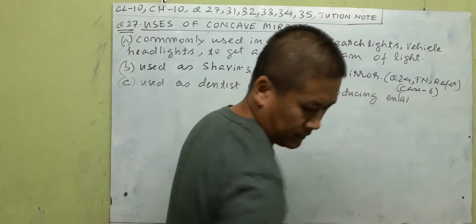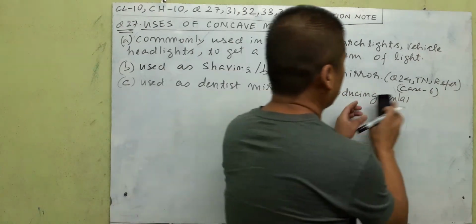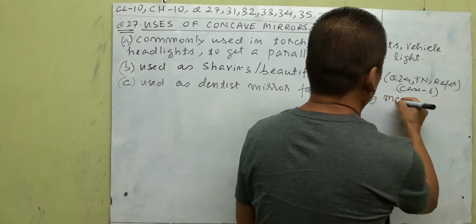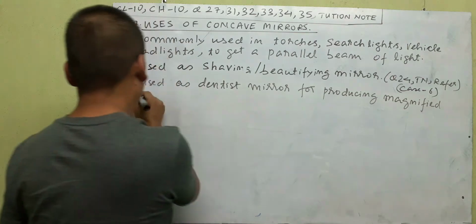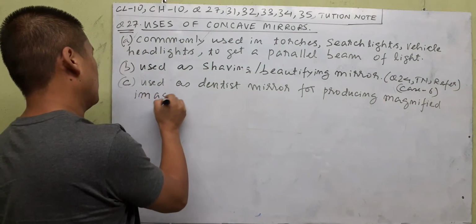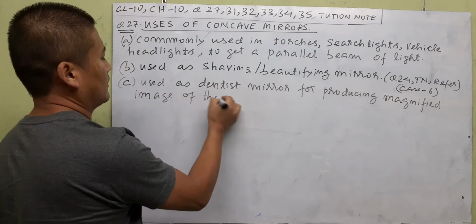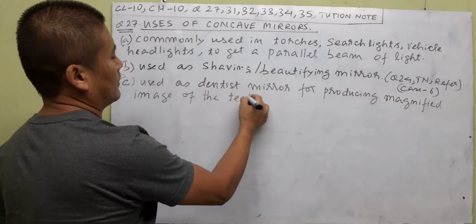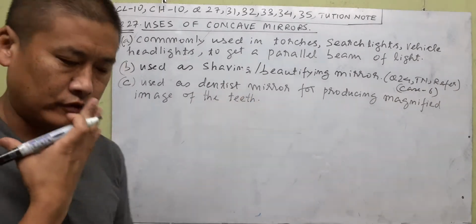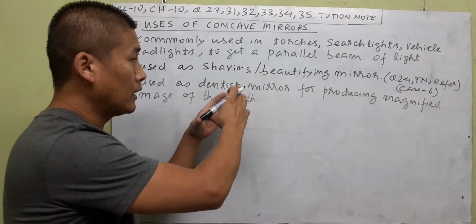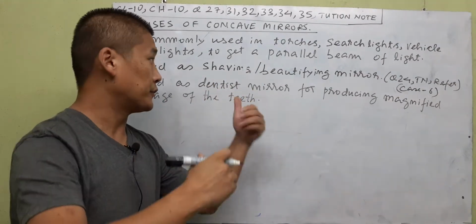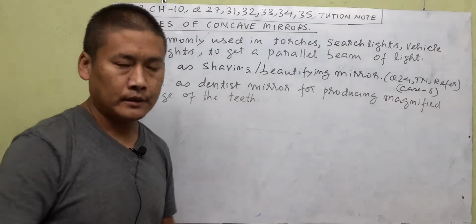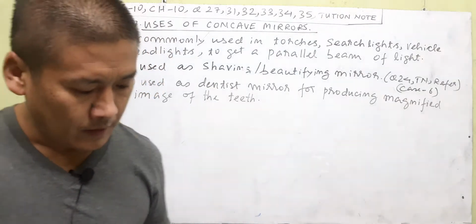Enlarged means magnified. Or you can also use the word magnified image of the teeth. So when the concave mirror is used, you get the enlarged, virtual, erect image of the teeth, much bigger than the real teeth. So it becomes easy for the dentist to check the teeth of the patient for examination.